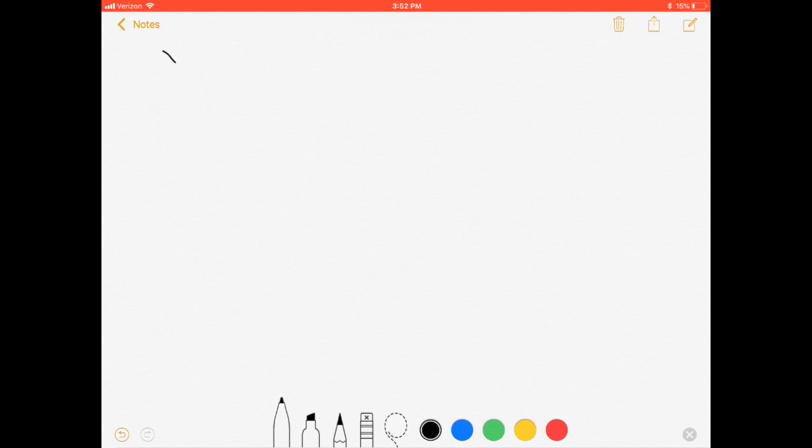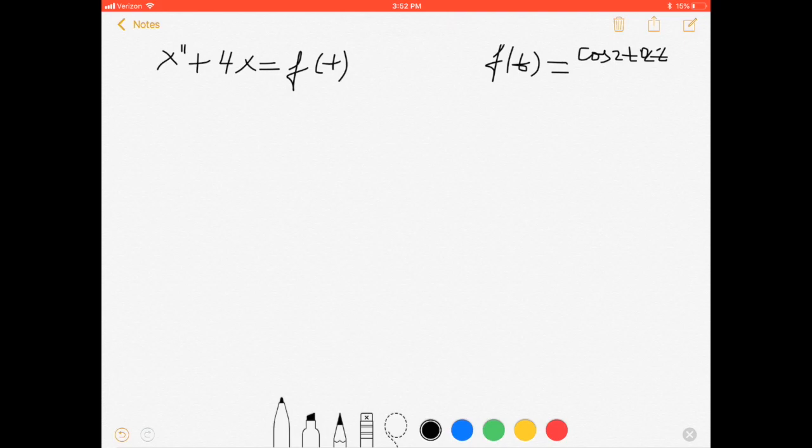Okay, I have second derivative x plus 4x equals f(t), where f(t) is exactly the function from the example before. This means f(t) equals cosine 2t if t is between 0 and 2 pi.